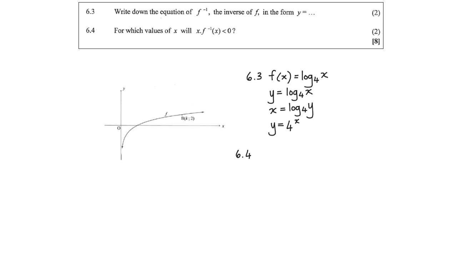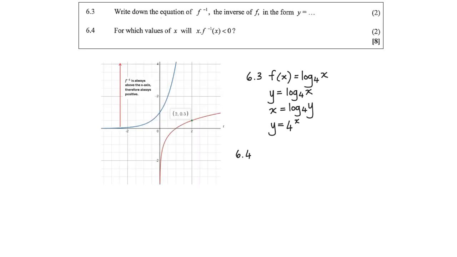So for this product to be negative, we have to look at the graph and figure out where x will be negative and f inverse positive, and vice versa, where x will be positive and f inverse negative. So let's look at the graph of f inverse. f inverse is the function y equals 4 to the power of x, and this is always positive.